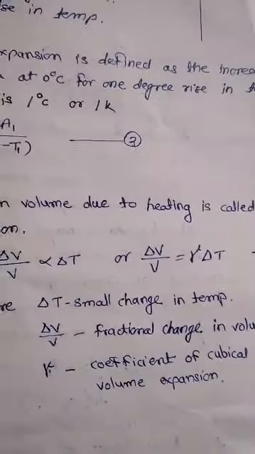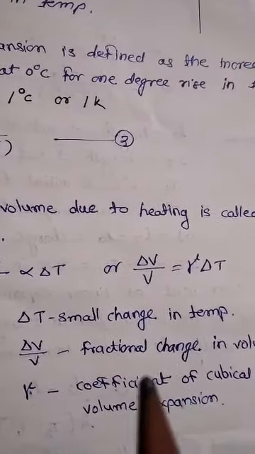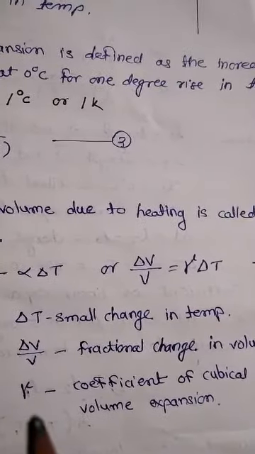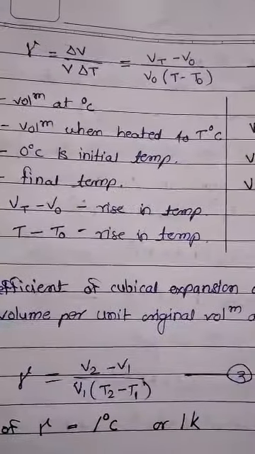Here delta T is a small change in temperature, delta V upon V is the fractional change in volume, and gamma is the coefficient of cubical or volume expansion.